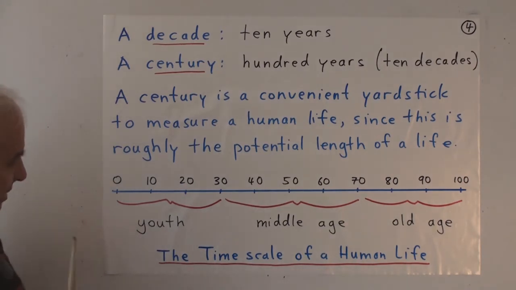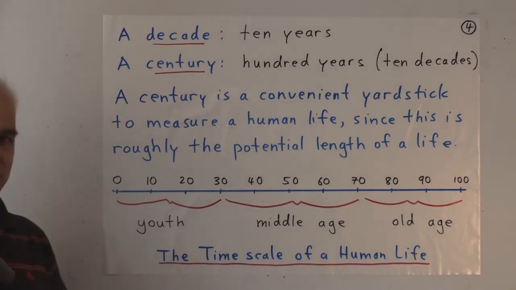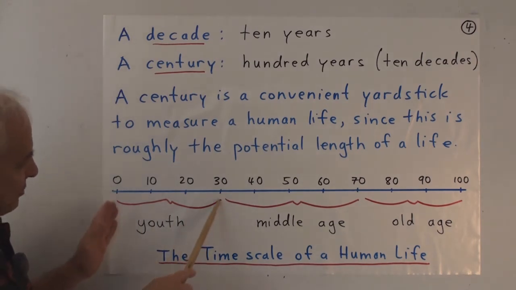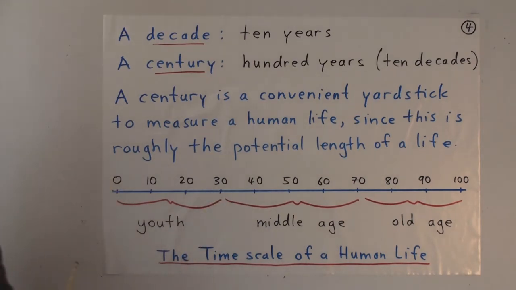And then when we look at this a little bit more closely, it's convenient and somewhat arbitrary to divide it into some sections to make it a little bit easier to talk about. So let's agree for this video that youth represents sort of this first part of the time scale, say from birth up to the year 30.